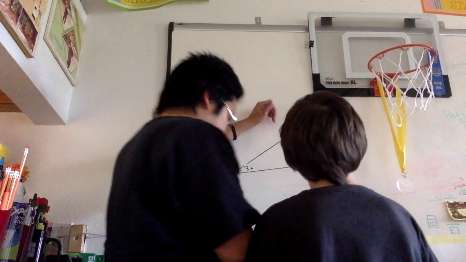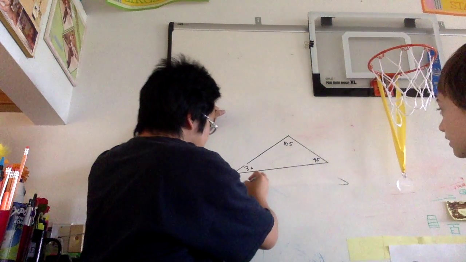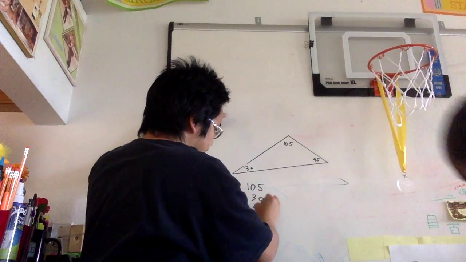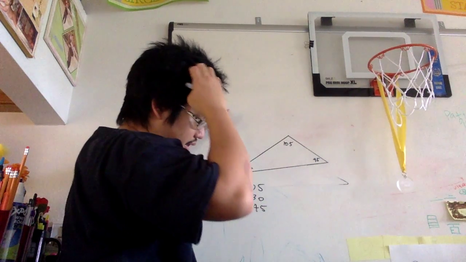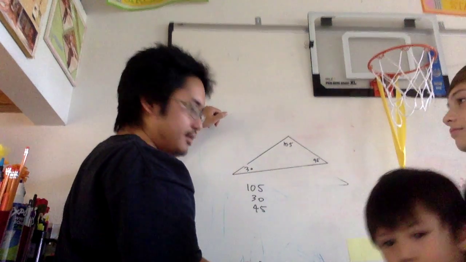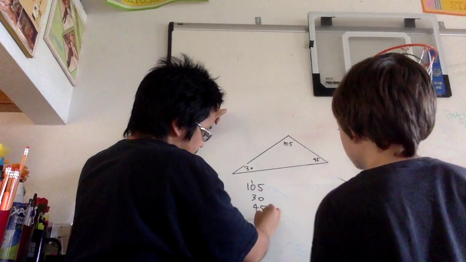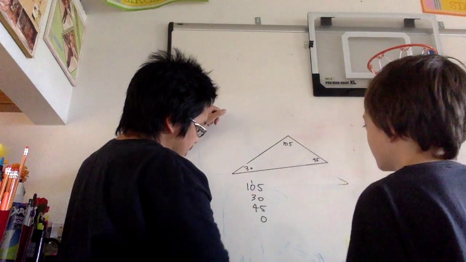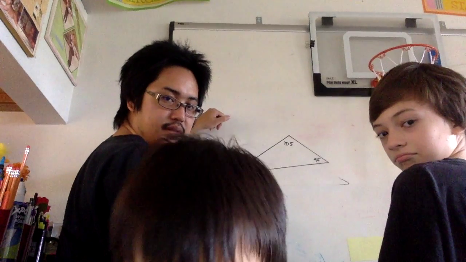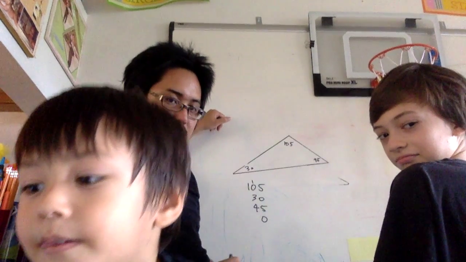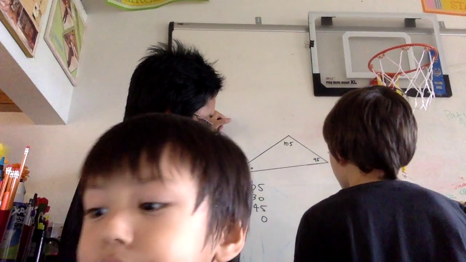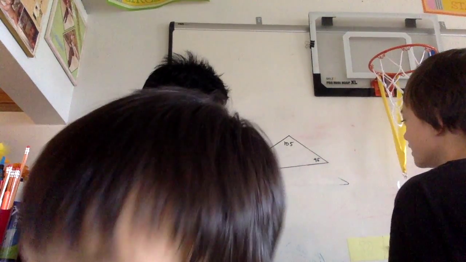Okay, let's add it up and we'll see what we get. What is 105 plus 30 plus 45? Add the 5, then 1, 0. Got it? 1 plus 3 plus 4? It's 8.